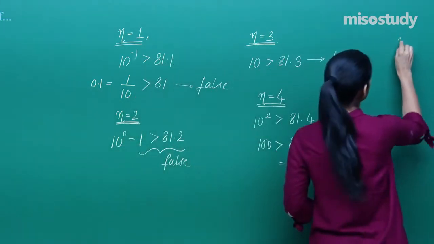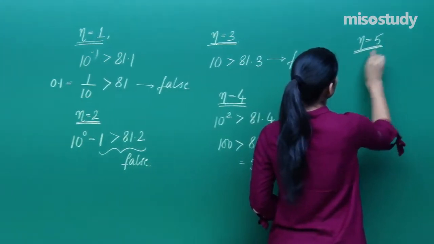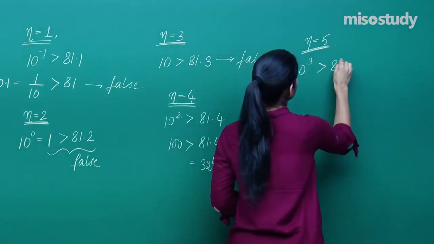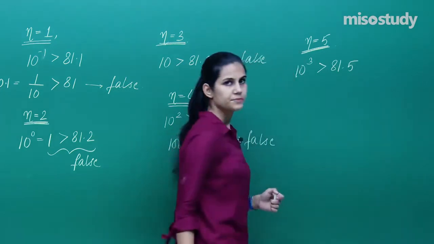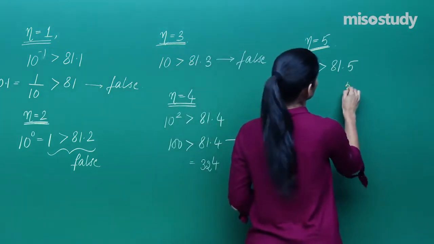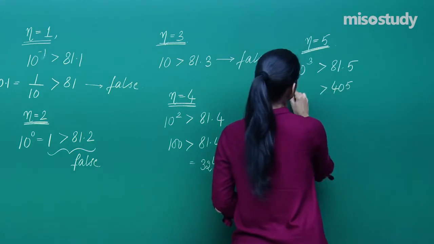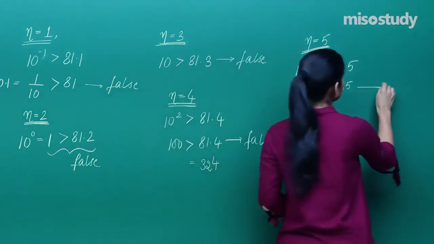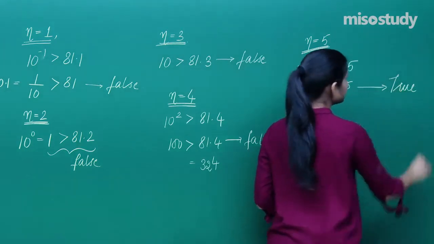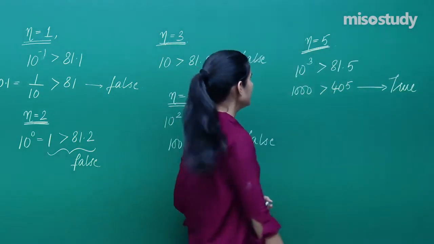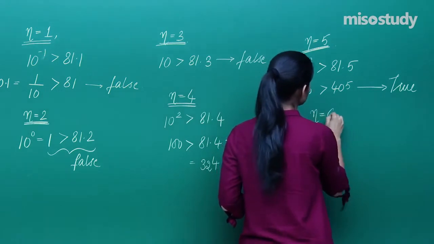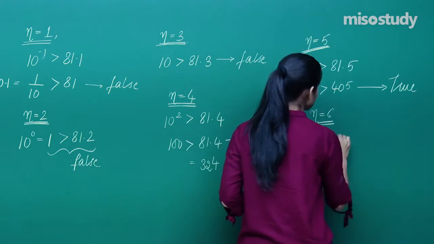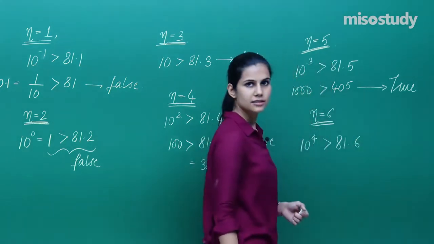For n equals 5, you have 10 to the power 5 minus 2, that is 10 cubed, 1000, is greater than 81 into 5, which is 405. Yes, this is true. Similarly, for n equals 6, 10 to the power 6 minus 2, that is 10 to the power 4, is greater than 81 into 6.